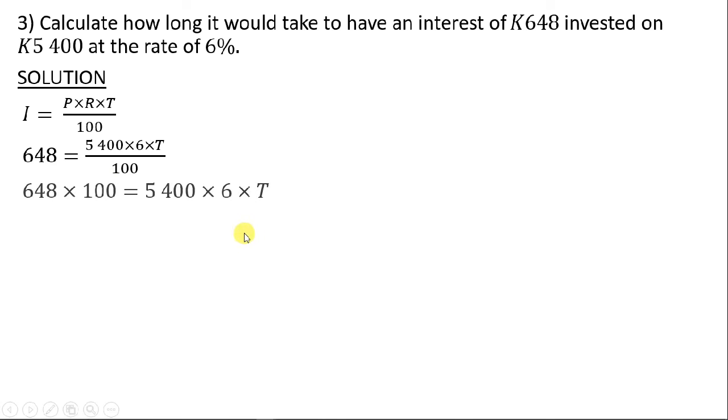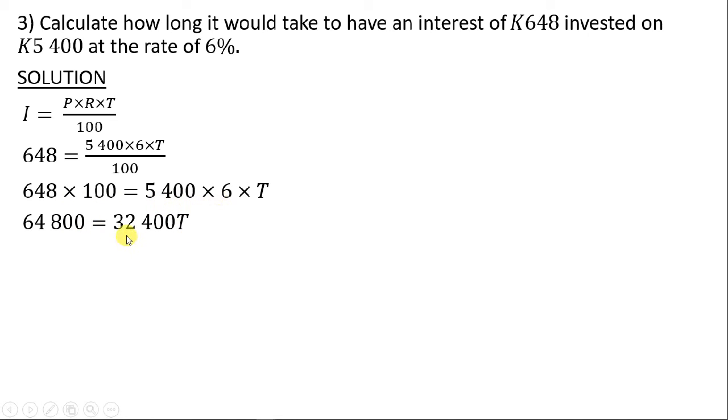What are we supposed to do? We'll cross multiply. So we'll multiply 648 times 100 should be equals to 5,400 times 6 times T. If you multiply 648 times 100, you get 64,800.